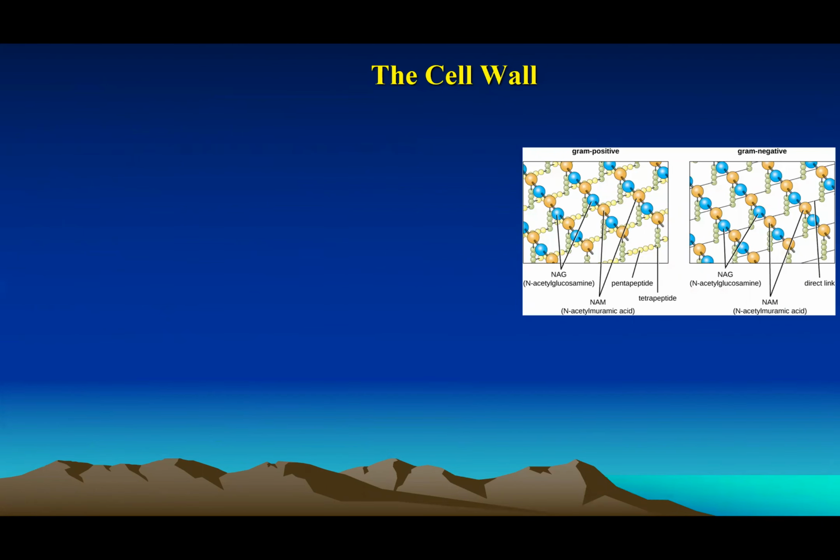This is the difference between the cell walls of gram-positive bacteria and gram-negative bacteria. The gram-positive cell walls are comparatively simple, with a very thick layer of peptidoglycan with teichoic acid extending into the plasma membrane.